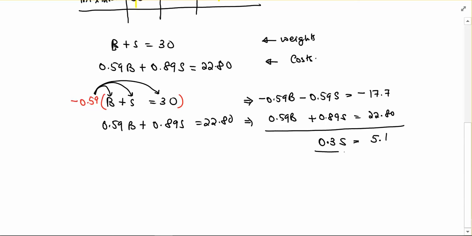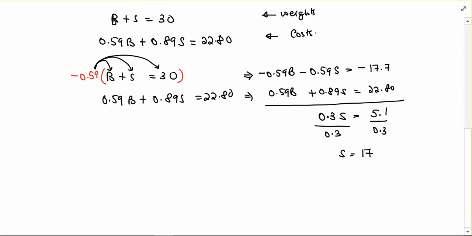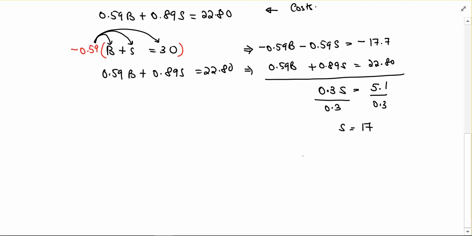If I divide this by 0.3, I get S equals 17. So if S is 17, I can find B. I know B plus S is 30. So S is 17, so minus 17. B is 13.